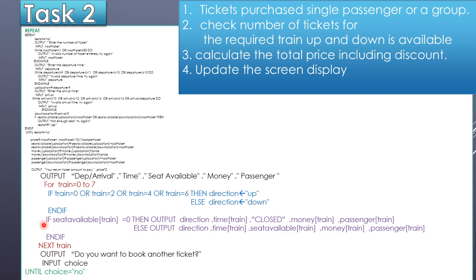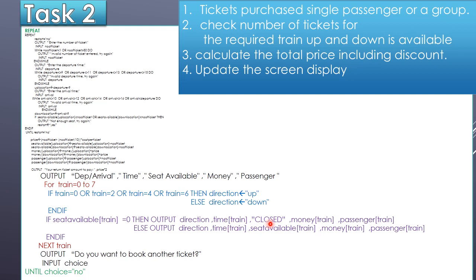So that's why we are checking here if the seat availability of the particular location is equal to 0. 0 means there is no seat. If so, the direction will be shown as usual, and time also will be shown, and the particular train is closed. That means no more seats to book there.